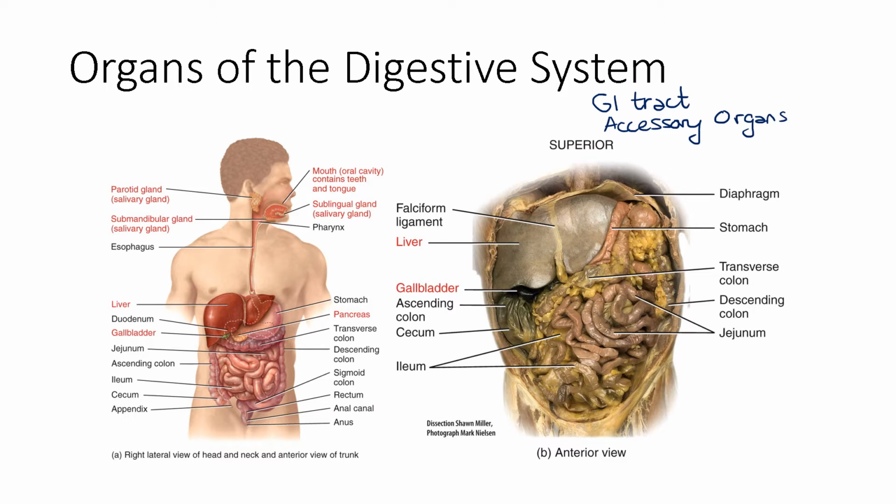This is a long continuous tube that starts at the mouth and it will continue all the way to the anus. The accessory structures are organs or glands that are attached to the gastrointestinal tract.